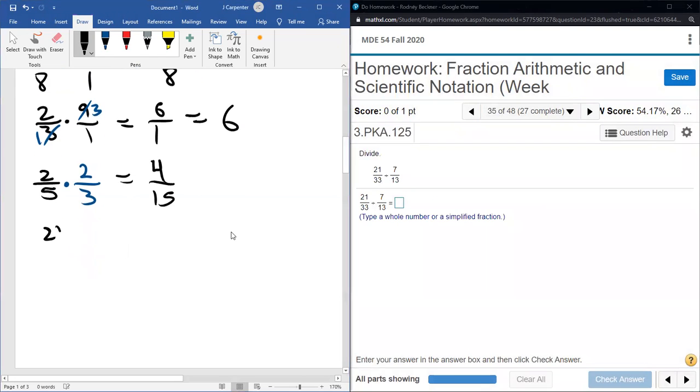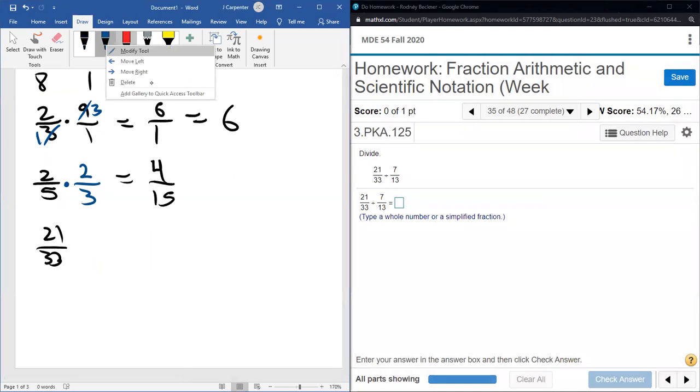So 21 over 33. That's a division, so we change it to times the 7 over 13, which is going to become 13 over 7. All right, well, now we can reduce. 21 and 7, well, 7 goes into both of those. 7 goes into 7 once and into 21 3 times.